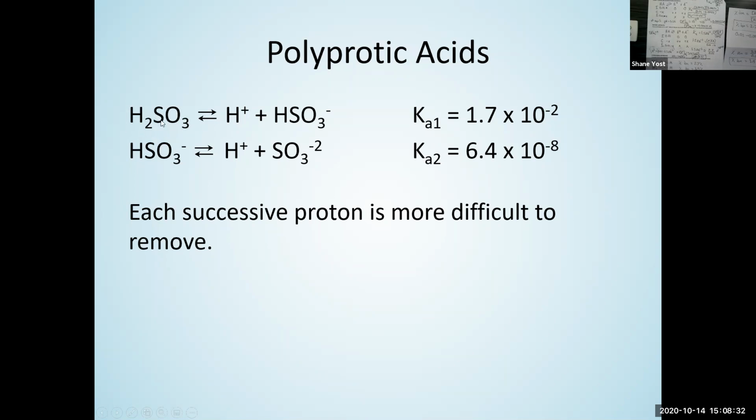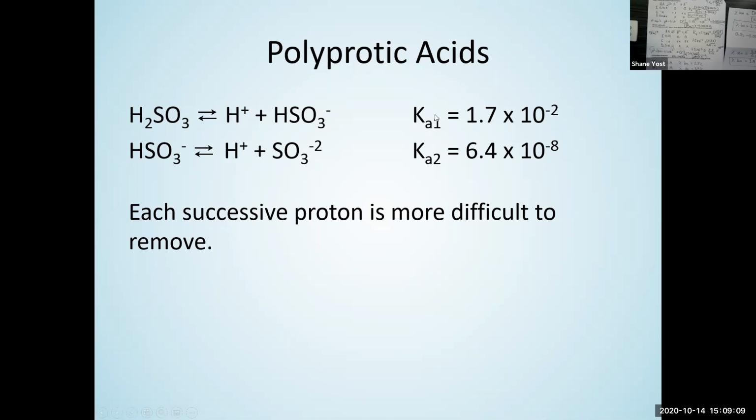It has two protons that it can donate into solution, as an equilibrium reaction for that first proton, and then an equilibrium reaction for that second proton. Once it's donated the second proton, it's got no more protons to donate, so it's done. H2SO3 has two protons it can donate, so it is considered a polyprotic acid, and it's not going to donate those two protons at the same time. It will do it one after the other, and we will have two separate equilibrium reactions that get established.